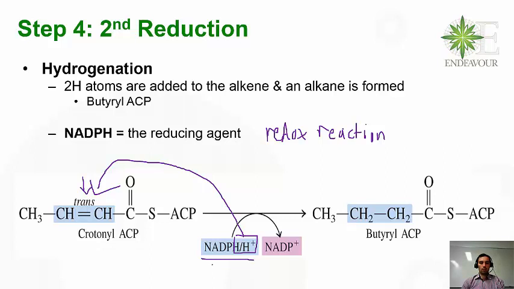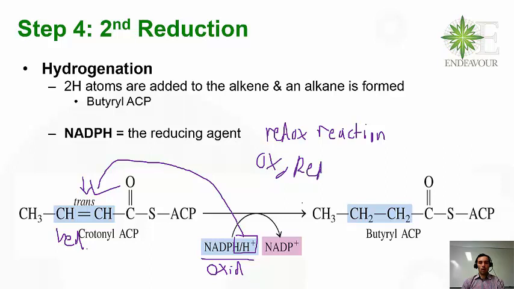So that means, just like our other reaction, we're getting oxidation, loss of hydrogen and electrons from our NADPH, and that means we're actually reducing the section of our crotonyl ACP, which is shown here in blue. So remember, all redox reactions contain one component being oxidized and one component being reduced.